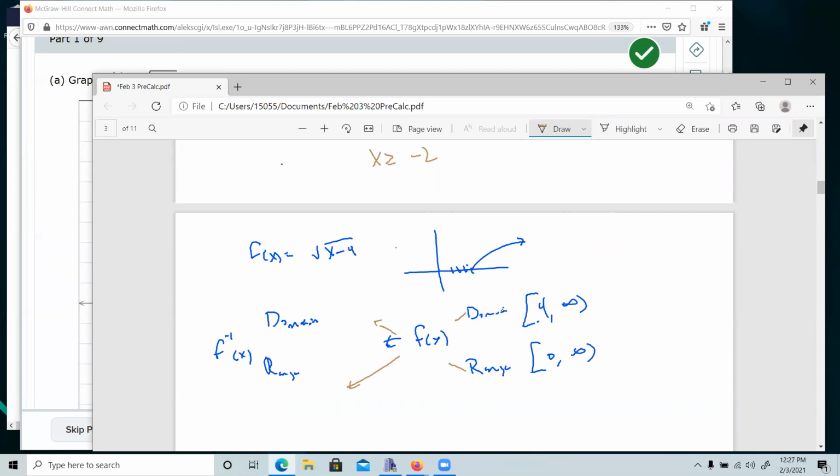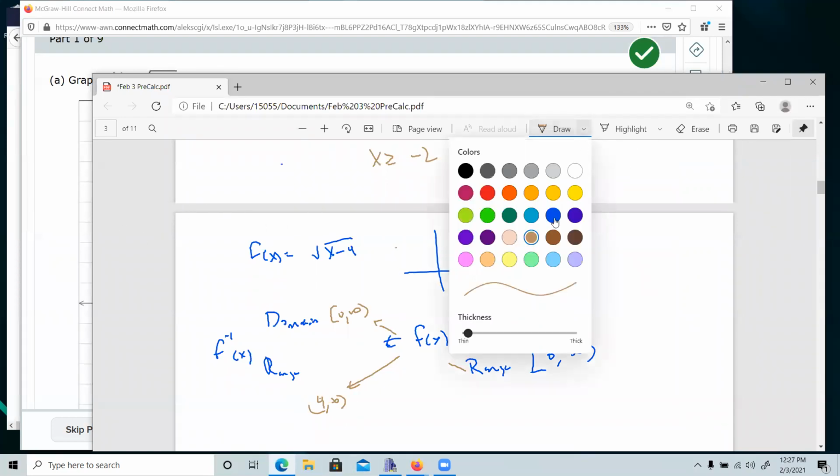So my domain here is going to be the domain of F inverse, and the range is going to be for infinity. Be careful about that because they will ask, and that's fine, but we're not going to get fooled.